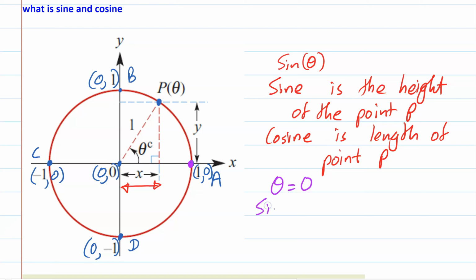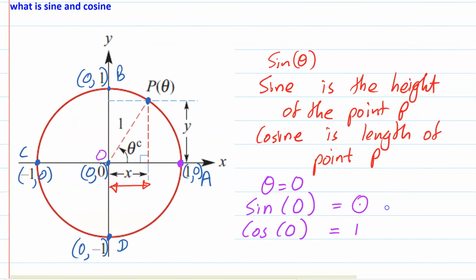Well, if I call sine 0, I am on the x-axis at point A. What is my height? Well, sine is the height. My height is just 0. Therefore, sine 0 is 0. Well, what is cos 0? Cos 0 is the length I am away from the origin, which is O here, to A. The full length here is the radius, which is 1.